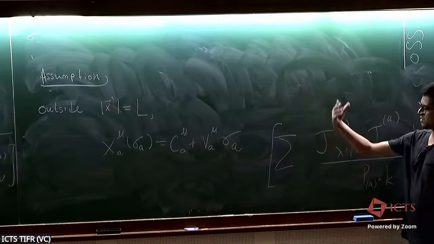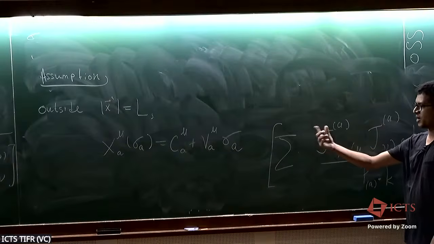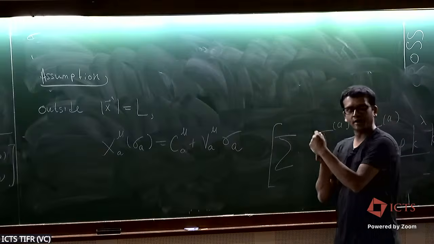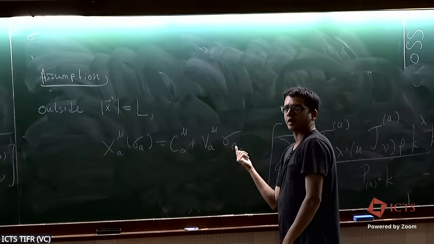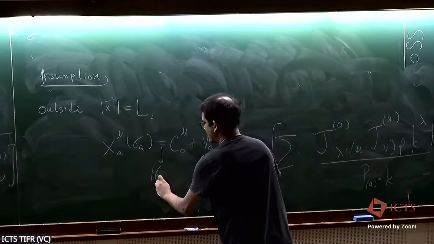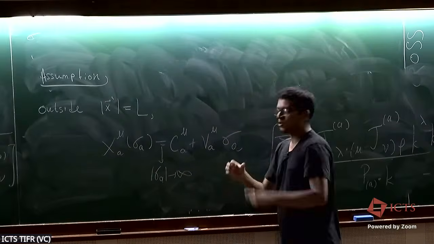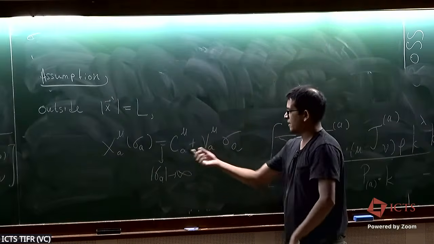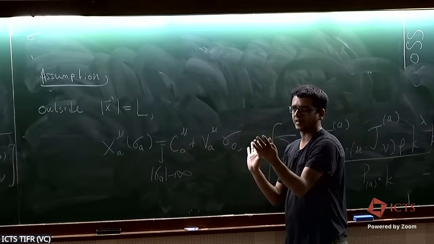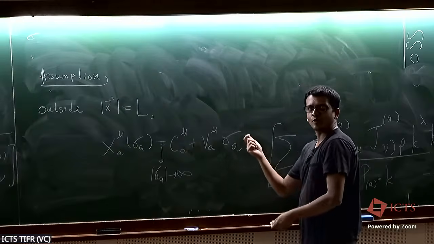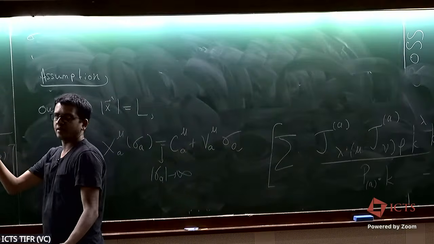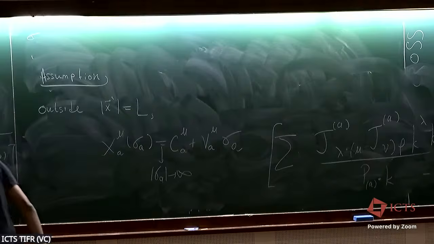But of course, this is strictly speaking not correct, however far you go, because there is gravity between particles, right? So we have to estimate the error we have made in assuming that the asymptotic trajectory is free at large sigma a. Is the statement clear? We have assumed that if you go to early or late sigma a, then this is the trajectory. But this is not strictly true, because there is always gravity. So let's estimate the error, and if the error is subleading, then our results are correct.